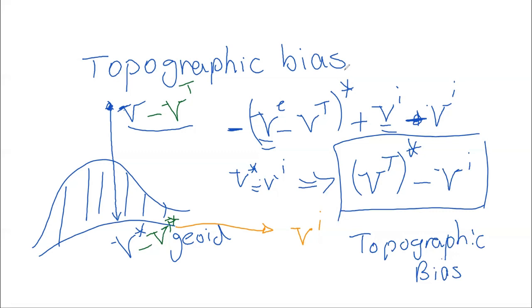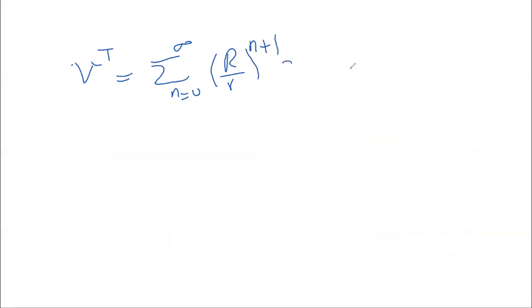Simply, if you remember, the potential of the topography was the summation from 0 up to infinity, R over r to the n plus 1, summation m from minus n to n, V_nm external Y_nm of theta and lambda.